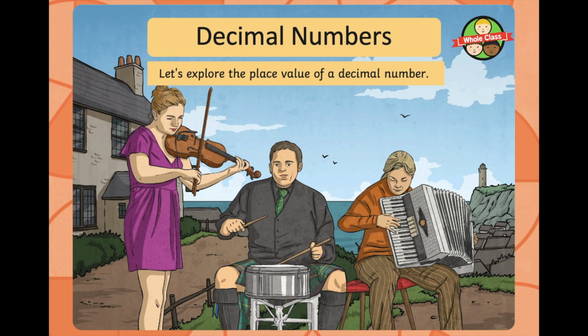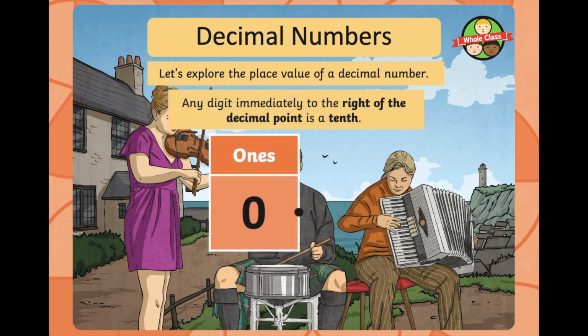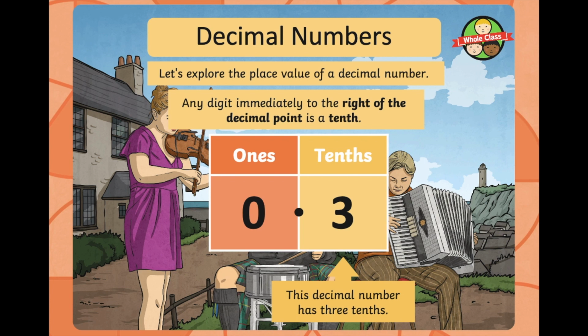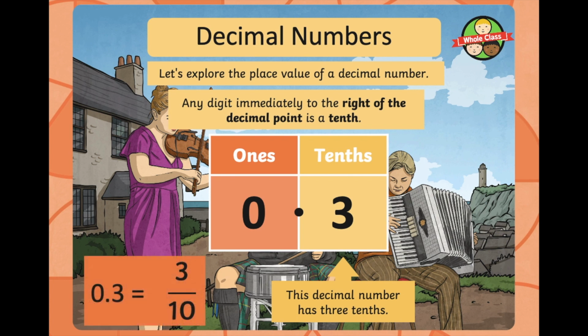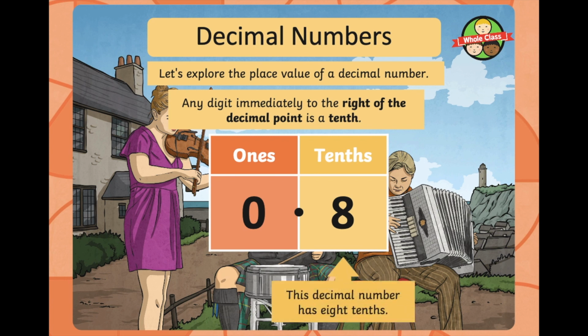Let's explore the place value of a decimal number. Any digit immediately to the right of a decimal point is a tenth. This decimal number has 3 tenths. 0.3 equals 3 tenths as a fraction. This decimal number has 8 tenths.